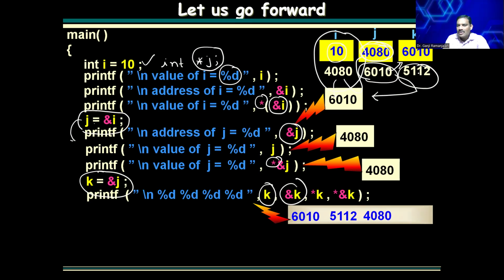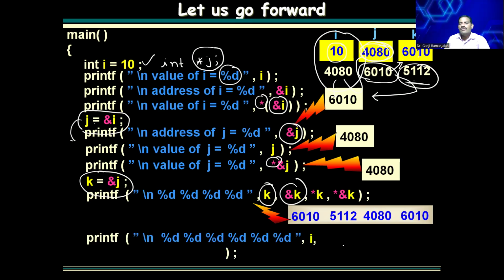Value at address. Value at K, which means 6010. Star means value, that is 4080. Star ampersand K. What is ampersand K? 5112. What is star? Value at 5112. That is 6010.